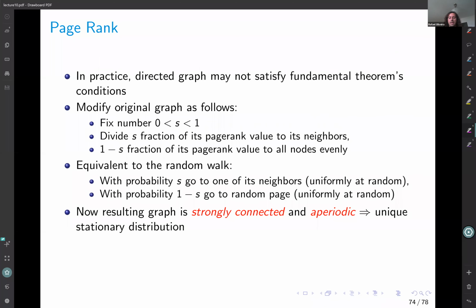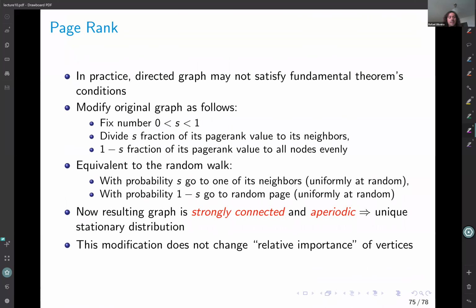Another important thing about this modification is that it does not really change the relative importance of vertices. If a vertex is really important, even if all the vertices are going randomly to some other vertex, everyone else is doing the same. So the most important vertex will still remain more important, relatively speaking.